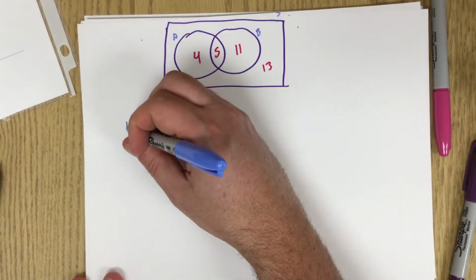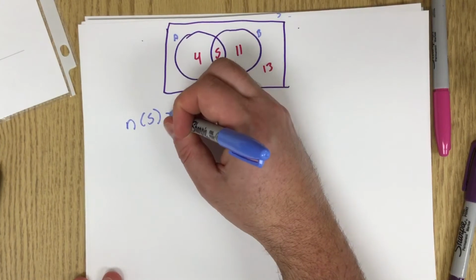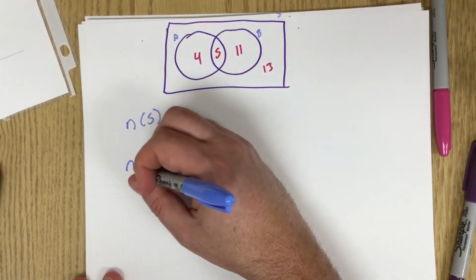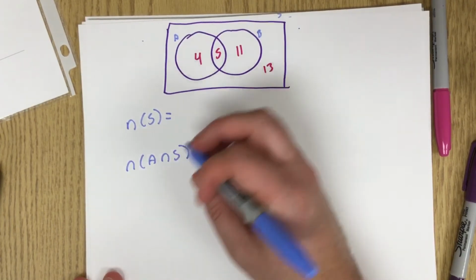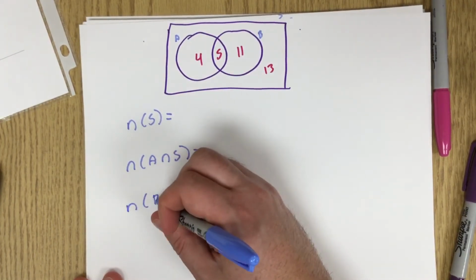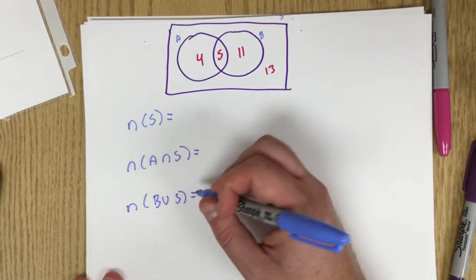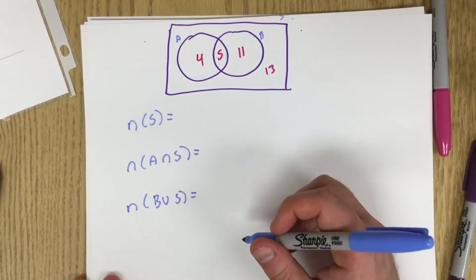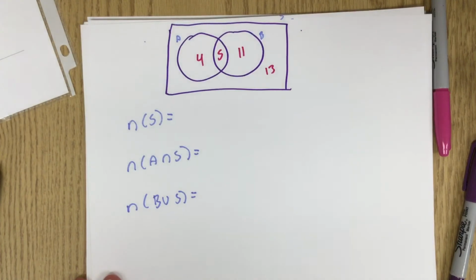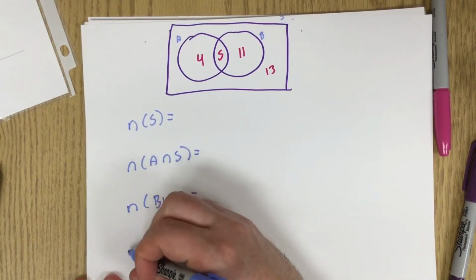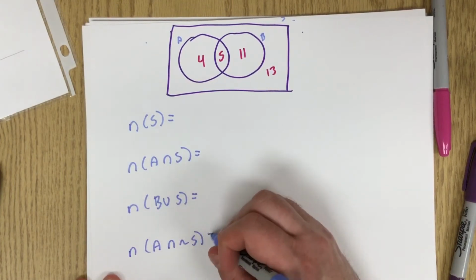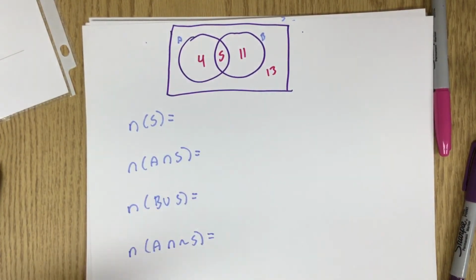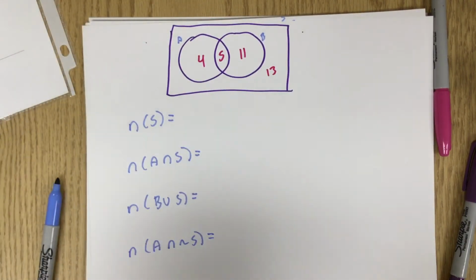So what I want to know now is the number in S, the number in A and S, the number in B or S, and the number in A and not S. So again, I would pause the video right here, try those 4, see if you can get it.